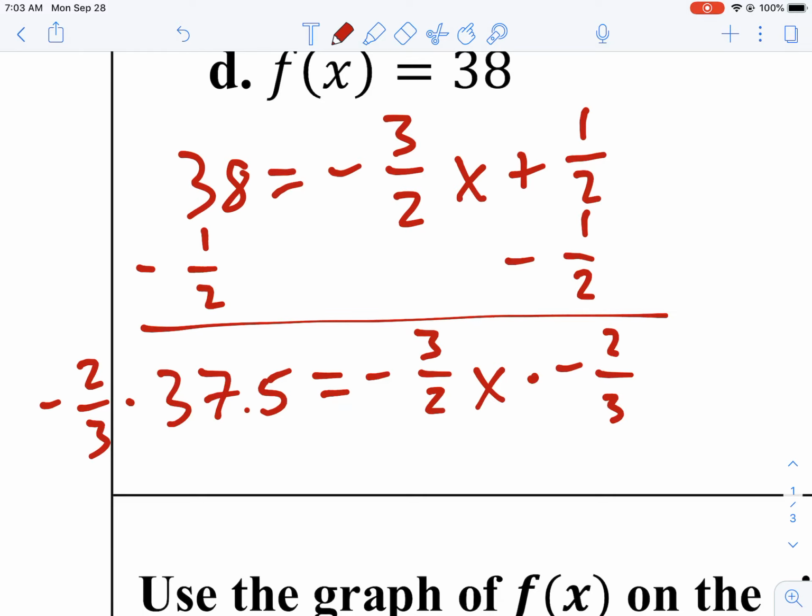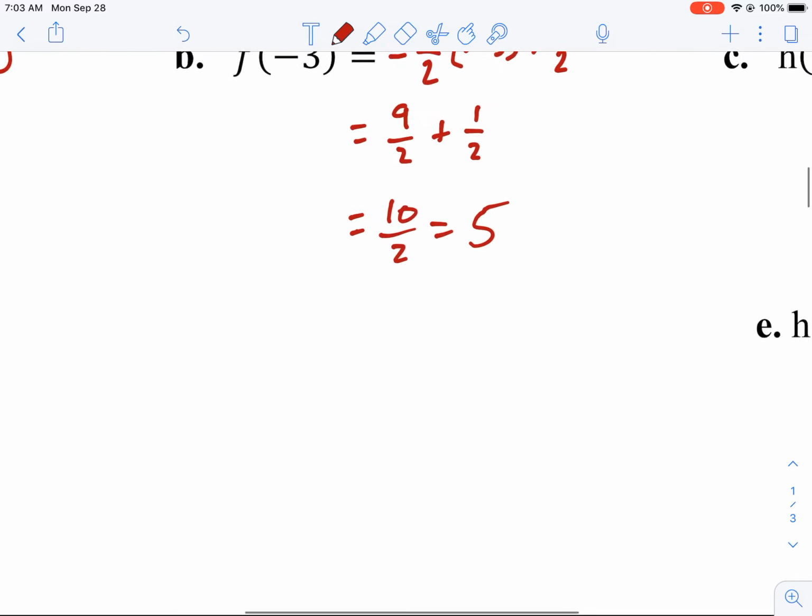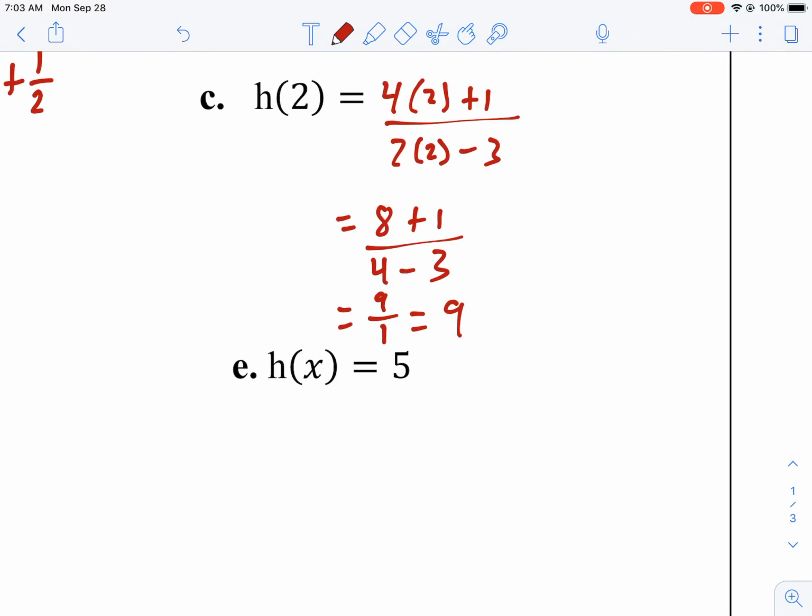And we actually get an answer here of negative 25. All right, so our input would be negative 25, because that cancels, so we just have x equals 37.5 times negative 2/3.